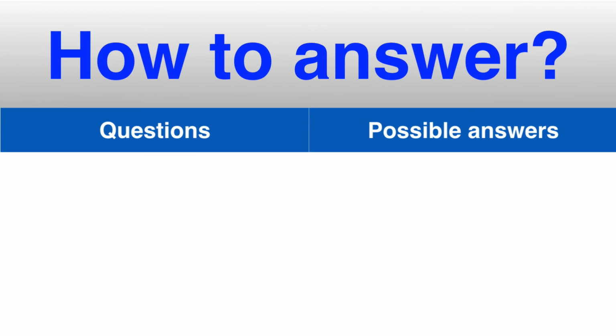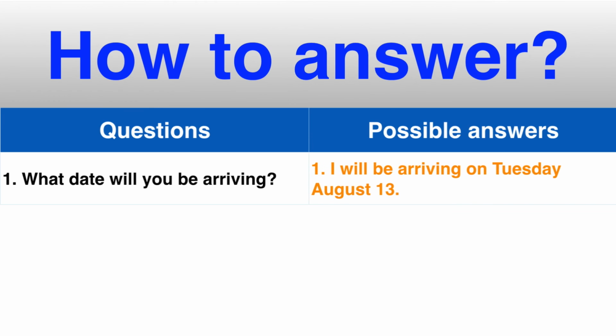I've just shown you, student A, how to ask the questions to get the information you need. Next, I would like to support student B to answer those questions properly. Questions. 1. What date will you be arriving? Answer.